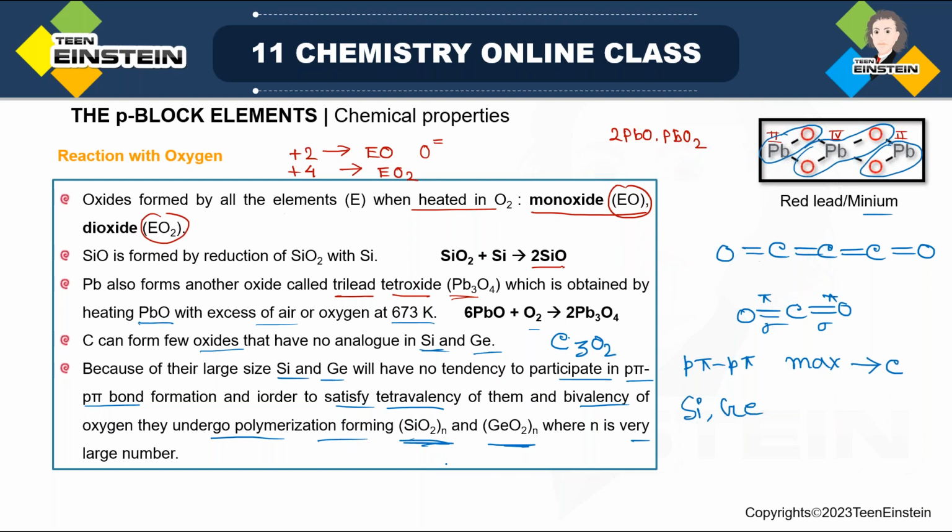So this is a large polymeric structure. Why? Because we have to satisfy tetravalency for these two elements, but pi bond formation is not possible. That is why they form this type of polymer structure.